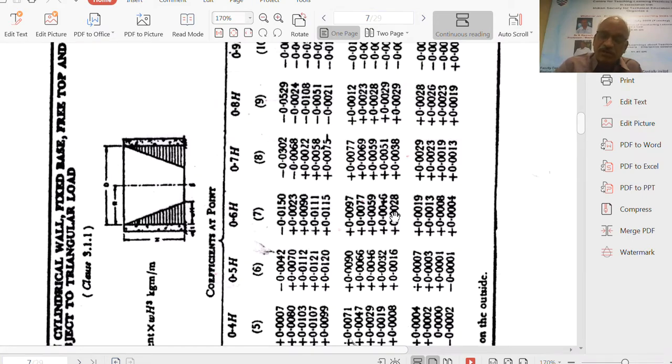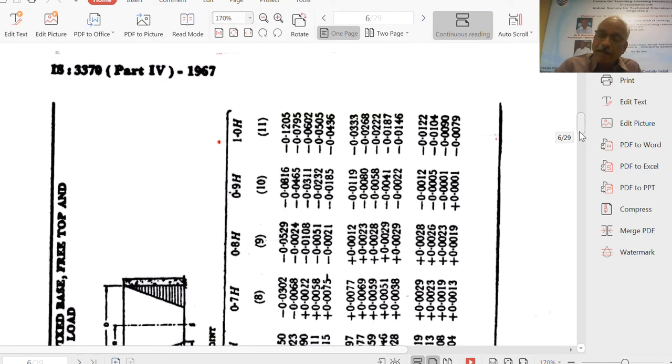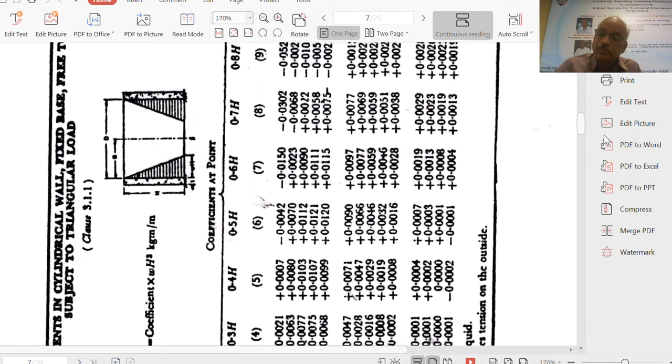They have given the coefficients, the formula, and the case.